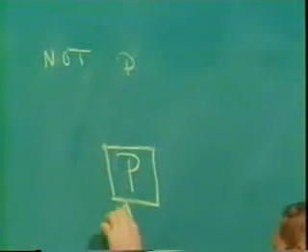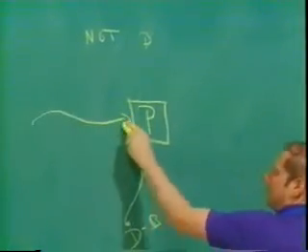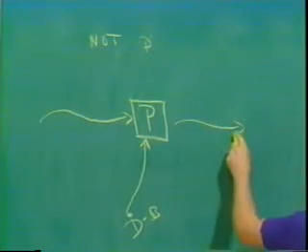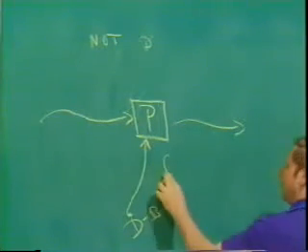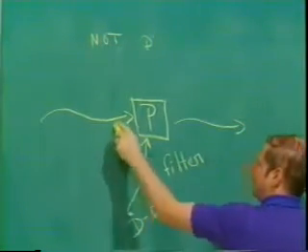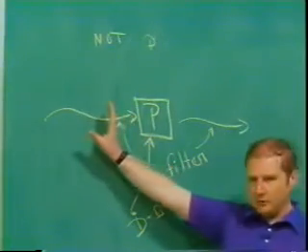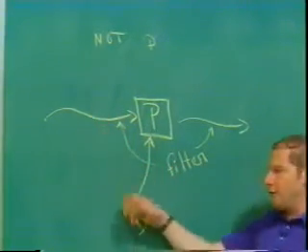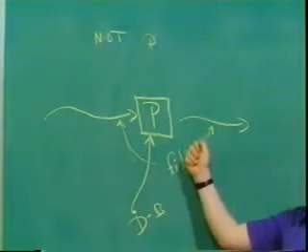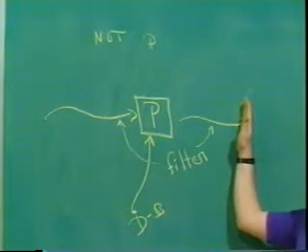I'll take in the database, and my stream of dictionaries coming in, and what NOT P will do is it will filter these guys. The way it'll filter is, when I get in a dictionary here, I'll find all the matches, and if I find any, I'll throw it away. And if I don't find any matches to something coming in here, I'll just pass that through. So NOT is a pure filter.